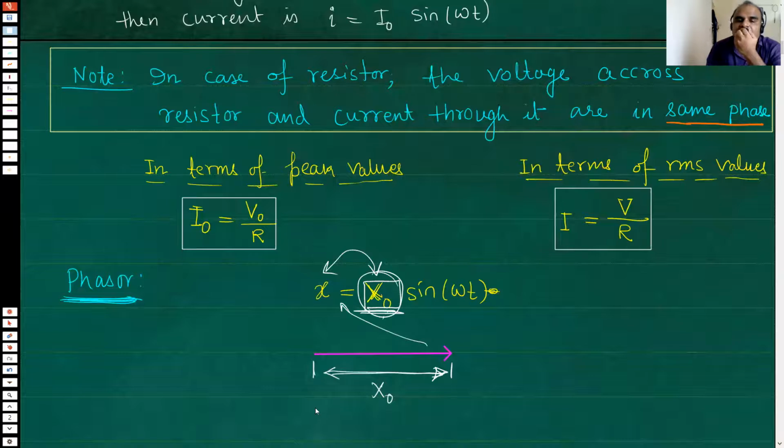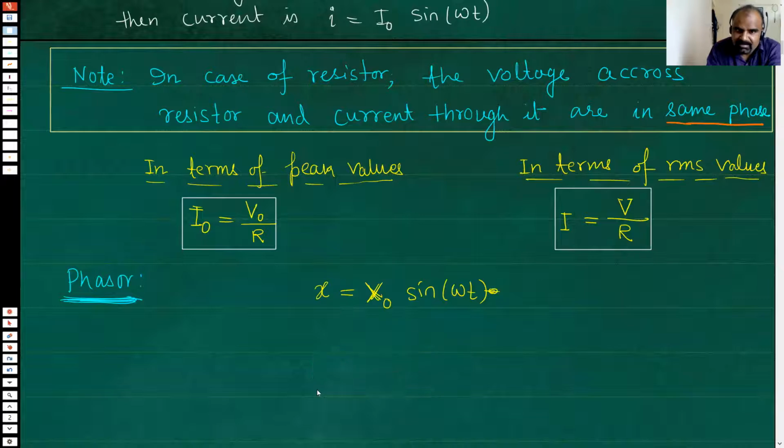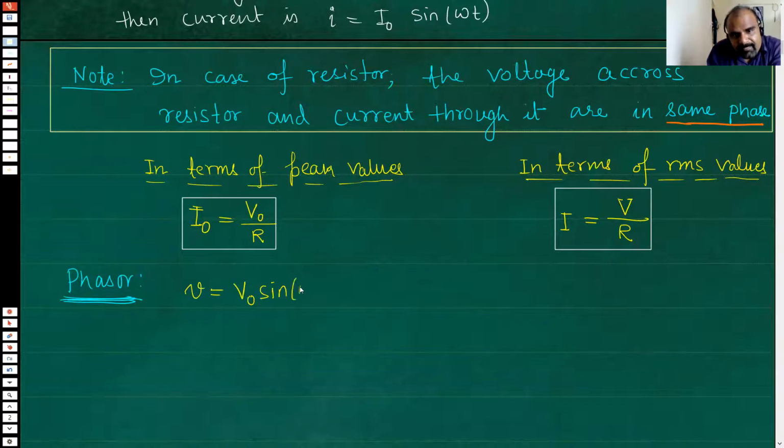So you understood it? Hopefully. Now let me come back to the current. Here, what was the applied voltage, the source voltage? It was V naught sine omega t. And what was the current? It was I naught sine omega t.